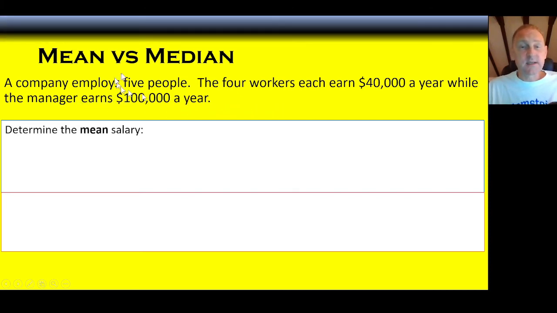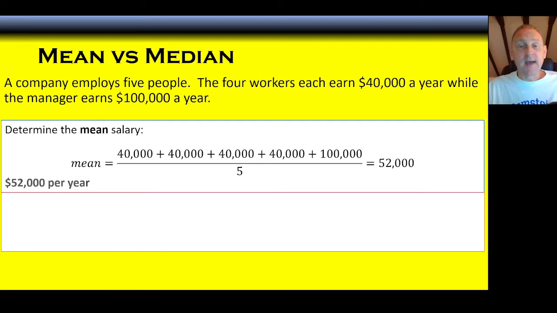So let's take this information here and determine the mean. And so to figure out the mean, we would have to add up all of the salaries. So we've got 4 workers, 1, 2, 3, 4, earning $40,000. And we have 1 worker, the manager, that makes $100,000. So we have 1, 2, 3, 4, 5 values. So I'm going to take this sum, divide it by 5, and I come up with $52,000.